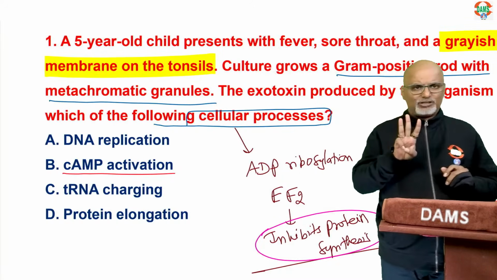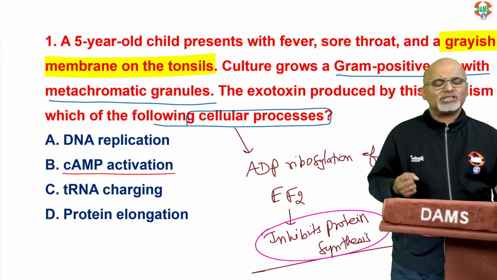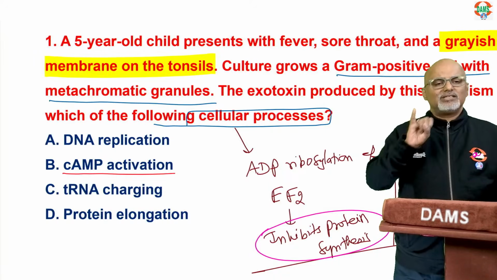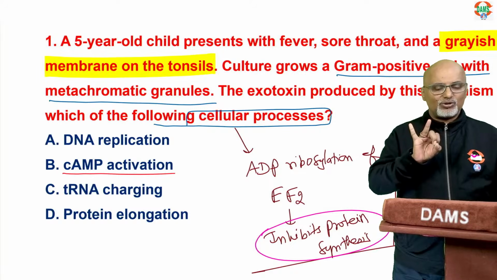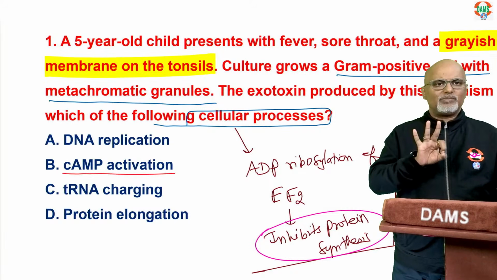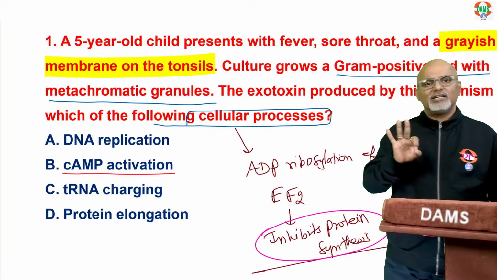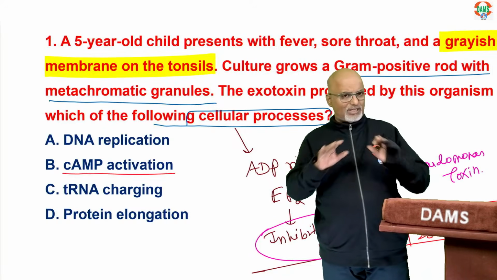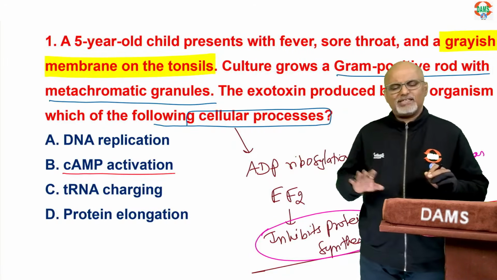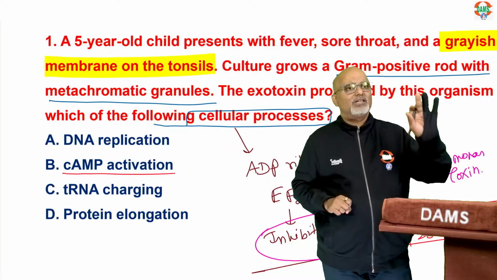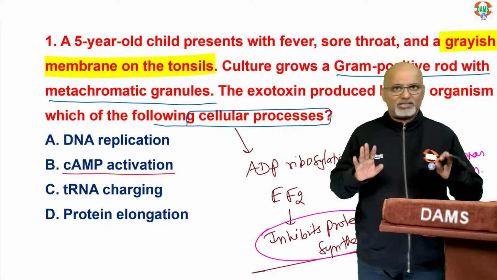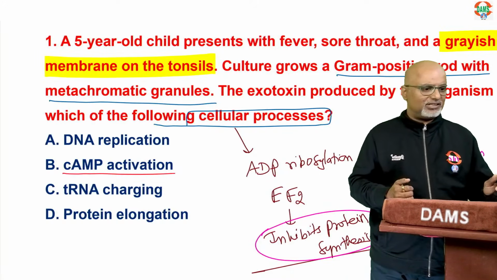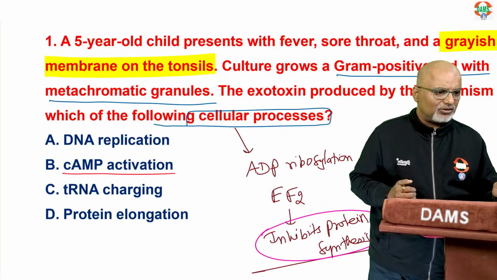Read 3 points. For example, botulinum toxin. What is the action? Cleaves SNARE protein, inhibits the release of acetylcholine at the neuromuscular junction or presynaptic area. These 3 points are important. You read fully. Don't read only inhibit release of acetylcholine or inhibit release of GABA and glycine. That is sufficient, and I will not say it is insufficient, but read fully. 360 degrees. Got it?